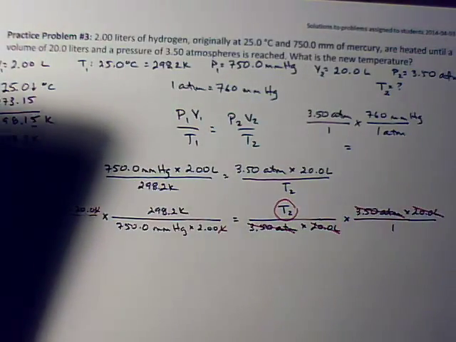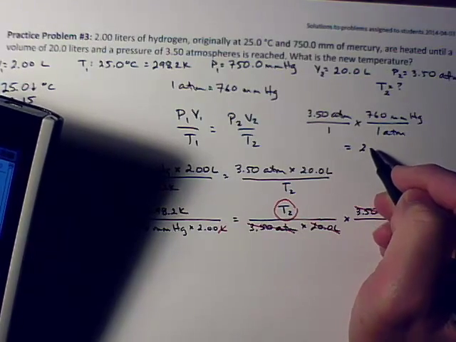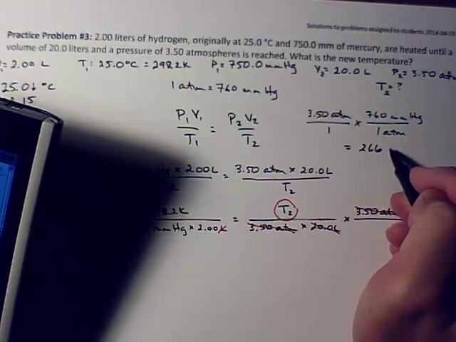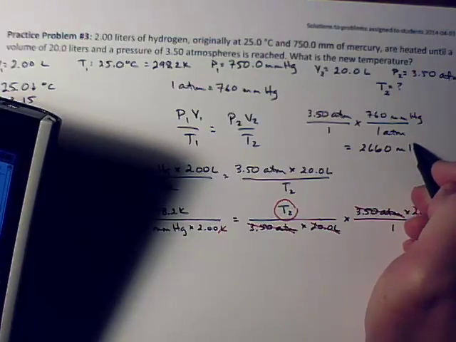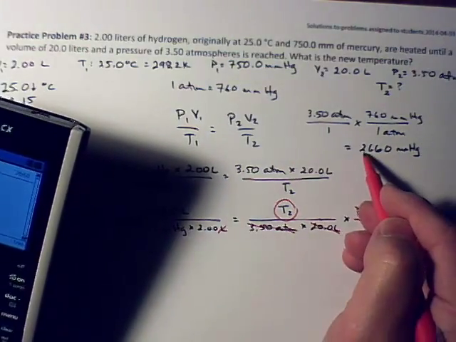So we're going to take 3.50 and multiply that times 760, and I get 2,660 millimeters of mercury, and I need to round it off to 3 digits. 1, 2, 3.